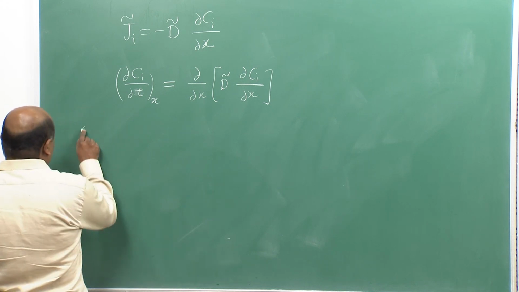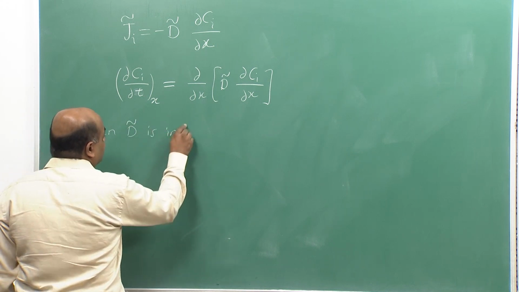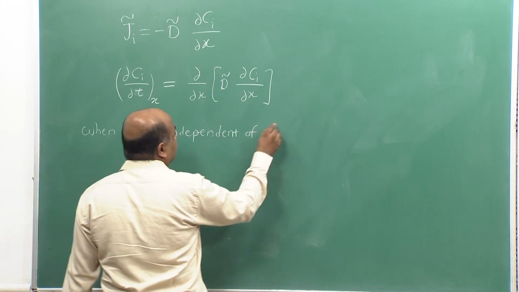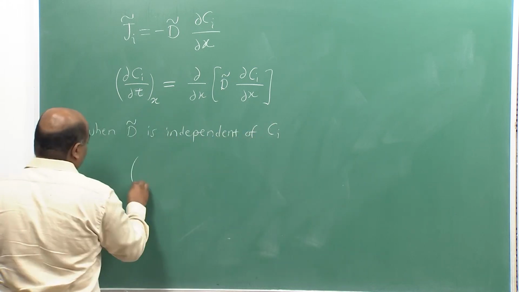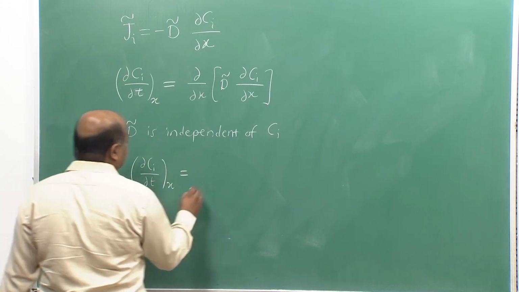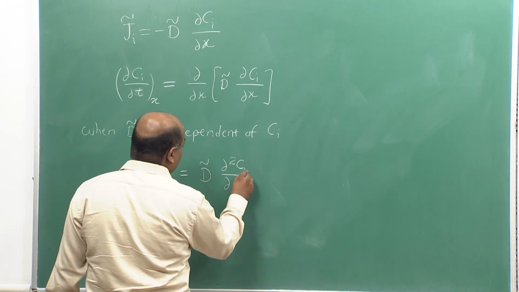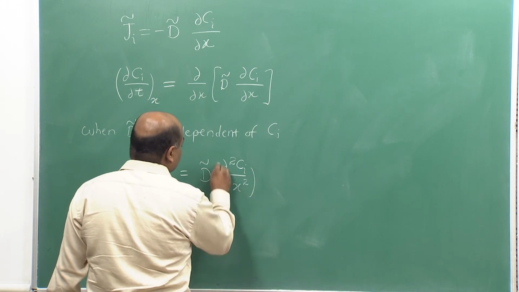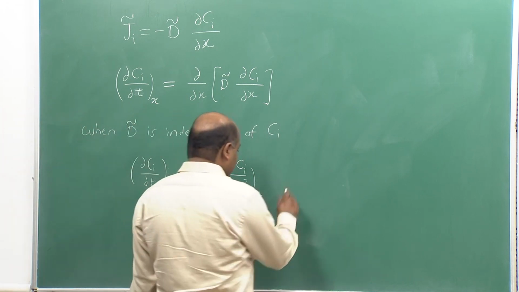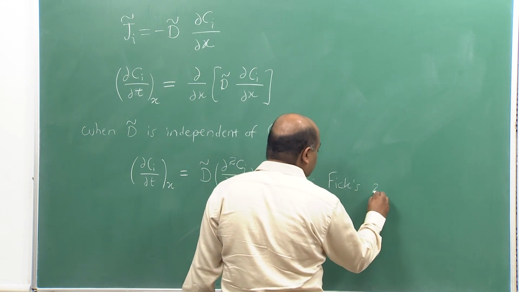Only when D tilde is constant or D tilde is independent of Ci, we can write dou Ci by dou t at x is equal to D tilde times second partial of Ci with respect to x. And this is commonly known as Fick's second law.